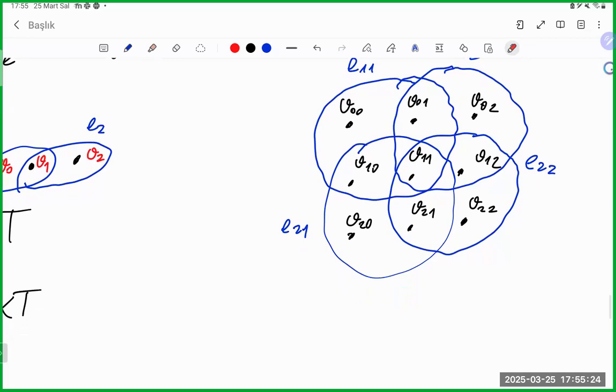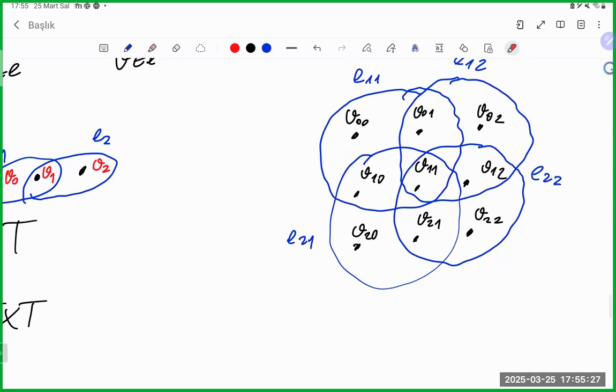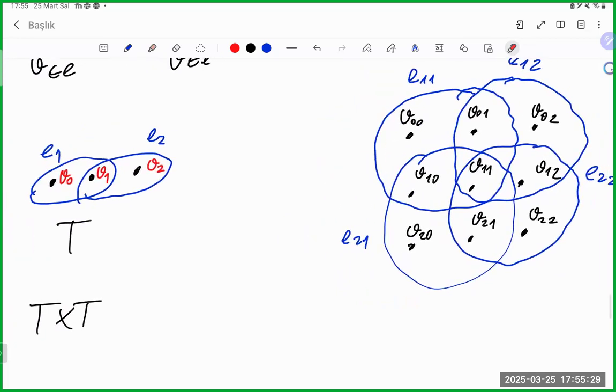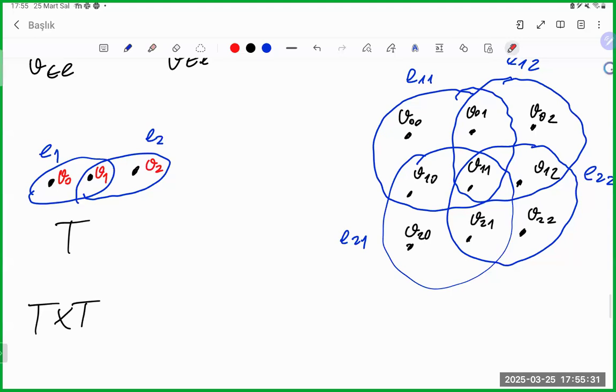So how can we see it in other parts? For example, did I make something wrong? Because the 0 vertex is not contained in any joint measurement.